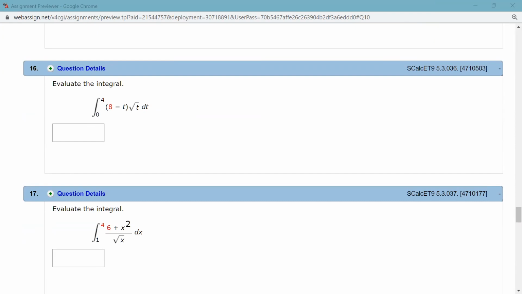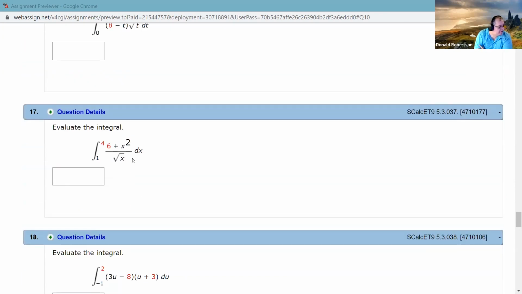You make it t to the 1/2. Yeah, and then distribute it. And then you'd have 8t to the half, take away t to the 3/2, and then you do the power rule.